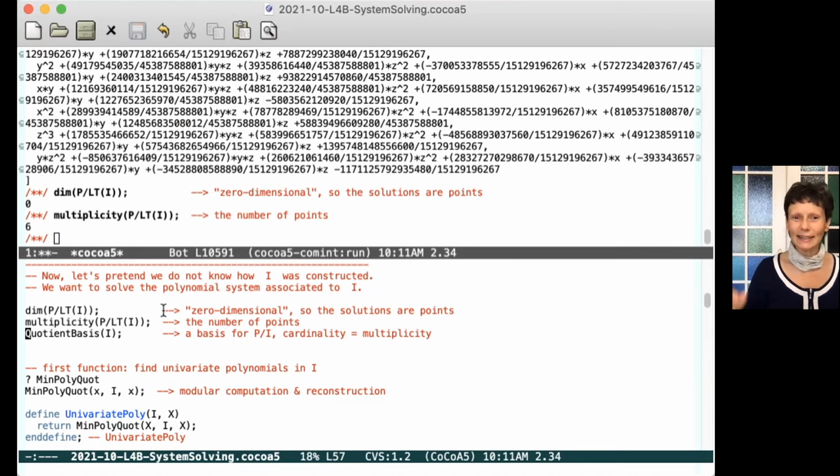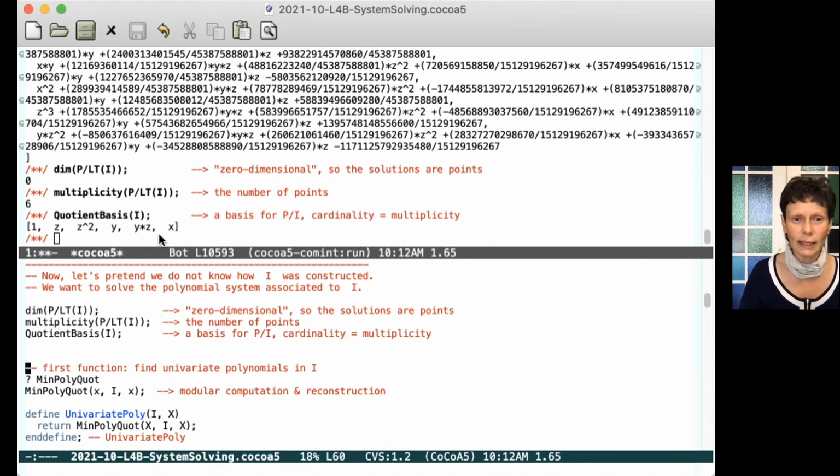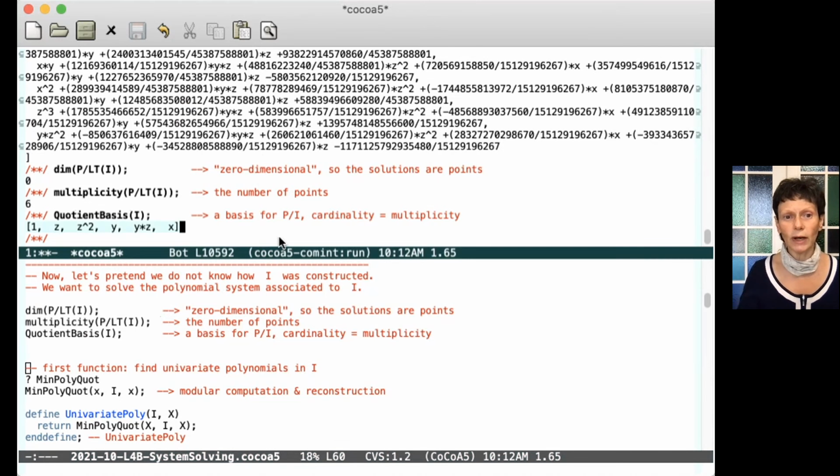But without getting really into it, we can already know these two numerical pieces of information: it is zero-dimensional and has 6 points. 6 is actually the dimension of P modulo LT of I as a vector space. And this is a vector space basis for P modulo LT of I. So, another function in CoCoA, which might be useful for you.